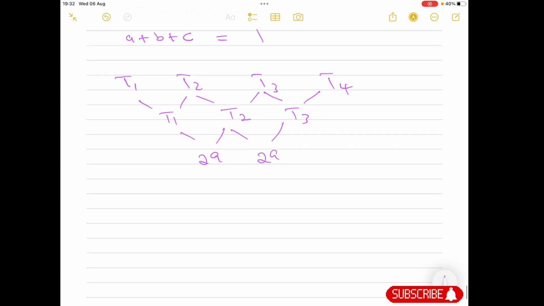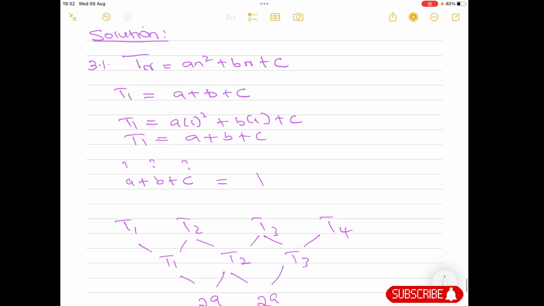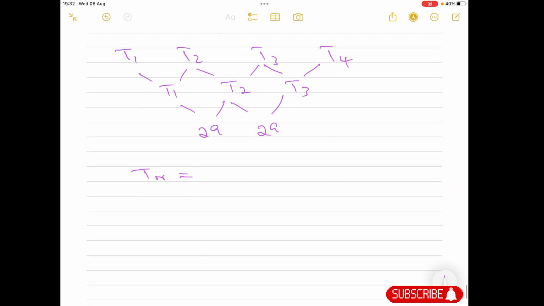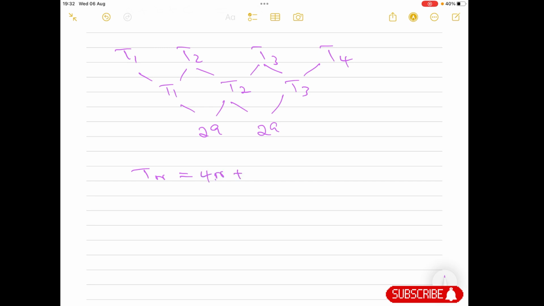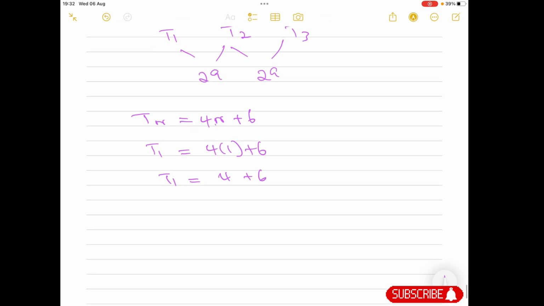Now let us work with this. Since we know the general term of this first difference, Tn is equal to 4n plus 6. So if I want term 1, I'll have 4 times 1 plus 6, which is 4 plus 6.